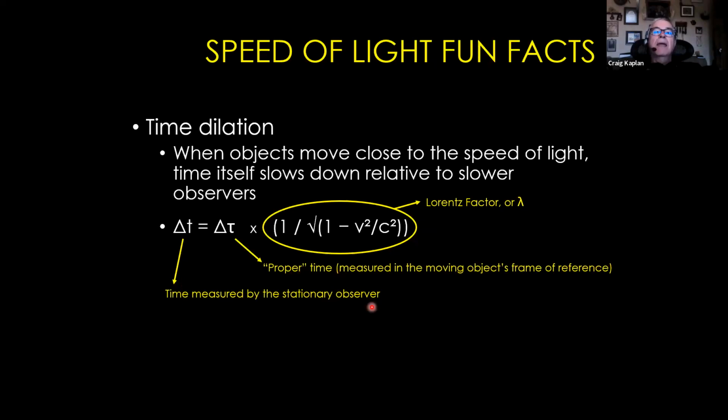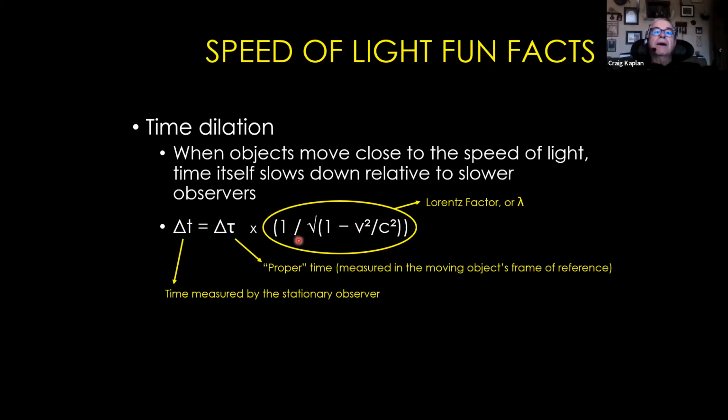multiplied by something called the Lorentz factor, abbreviated as gamma. And you'll see that it has the velocity of the object and the speed of light. So these terms are determined only by how fast the object is moving in comparison to the speed of light.